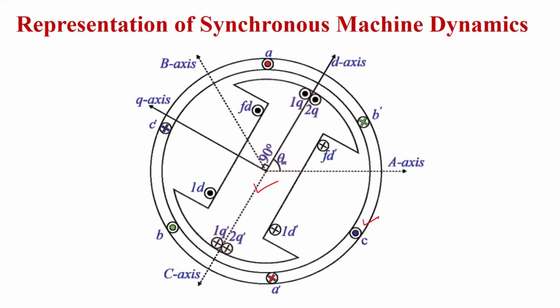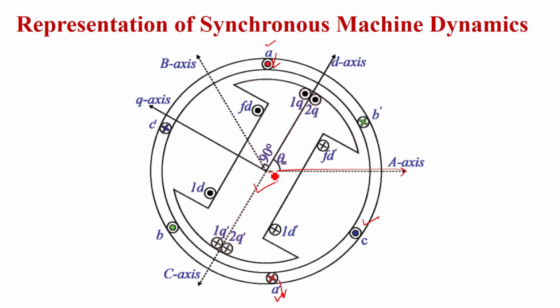Now if you see the winding arrangement of phase A, it is shown through A and A dash. This is the phase A winding. The magnetic axis of the phase A winding is here, as the current here is coming up and here it is going down.